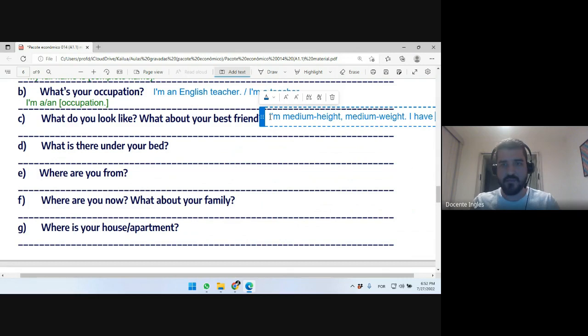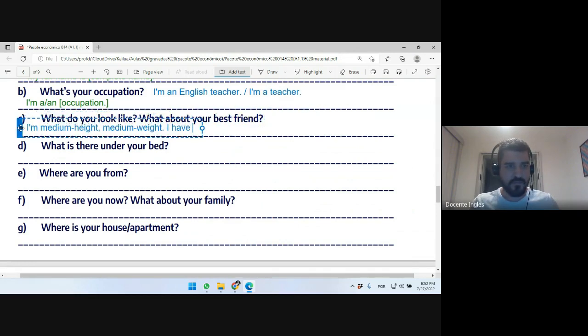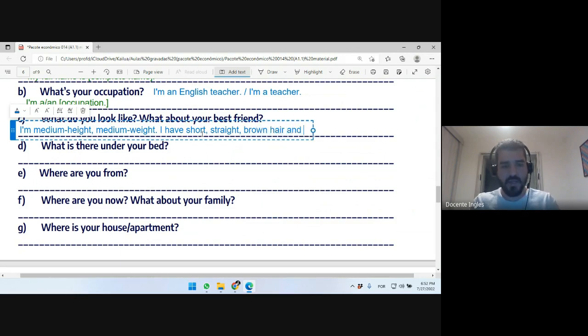I have short, straight, round hair and round eyes. I have a beard. Remember, a beard.